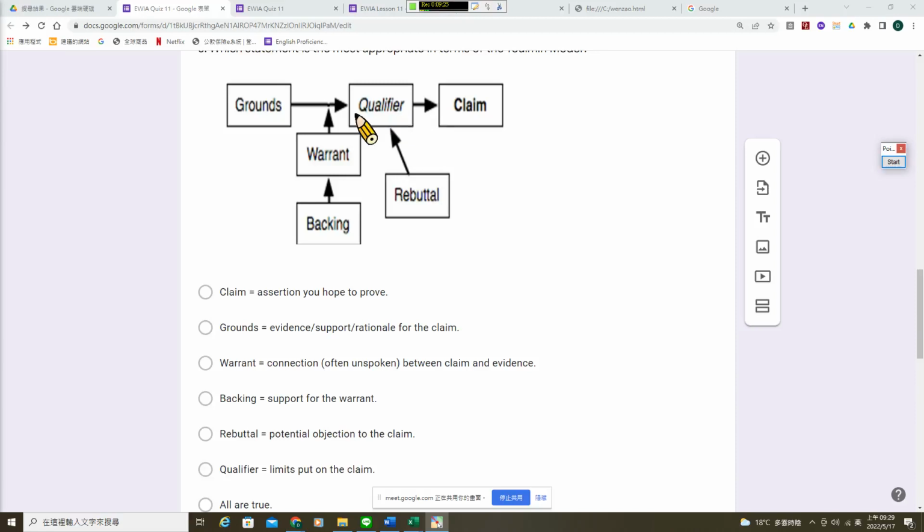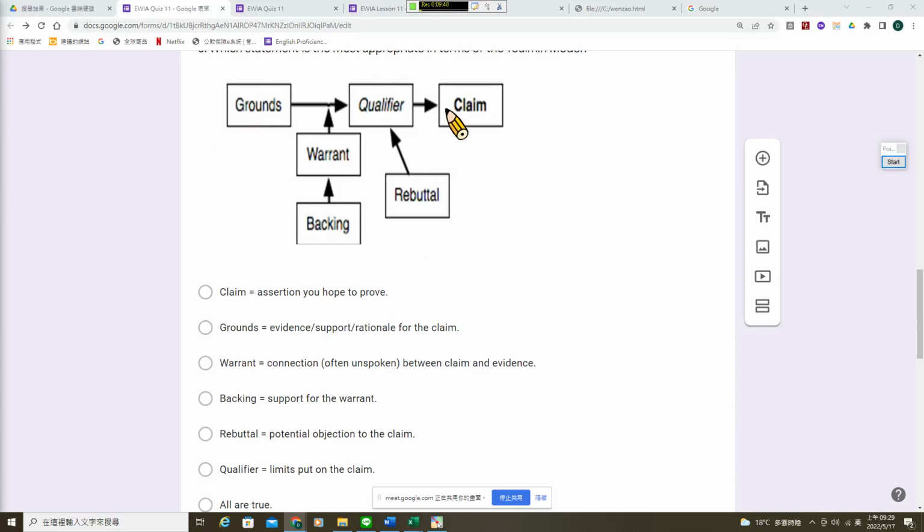So later we will talk about the relation between these 6 components in our real paragraph writing. And you will be amazed to find out that indeed, when we write out a paragraph, most of the time we will include the 6, maybe not all 6, but basically the flow chart will be there.